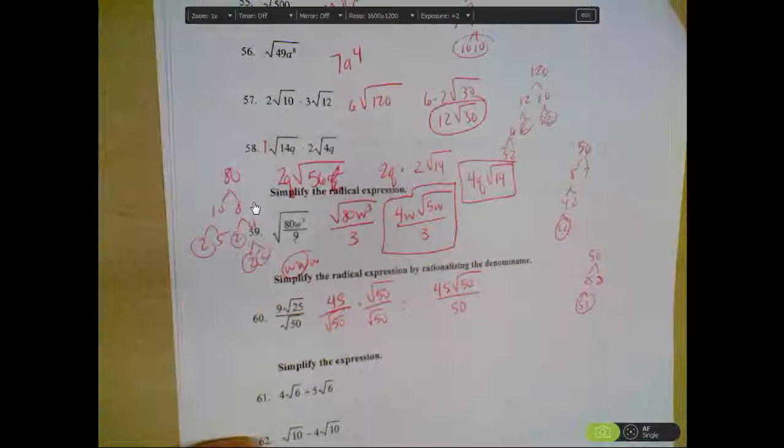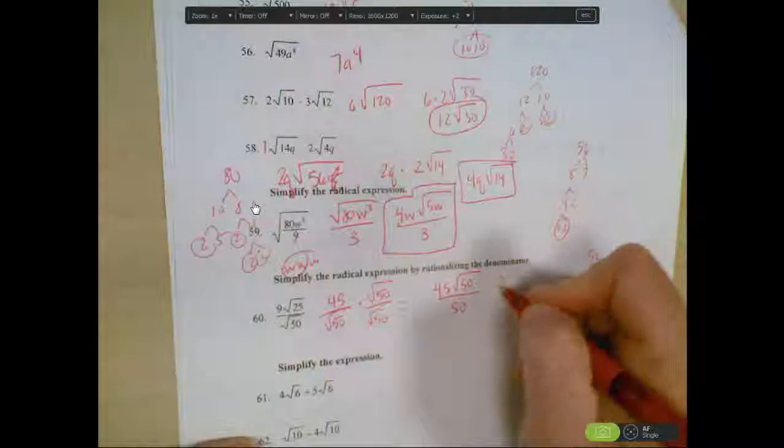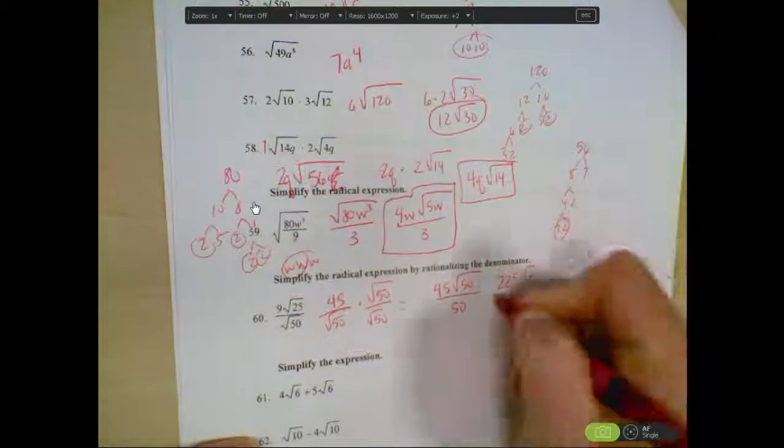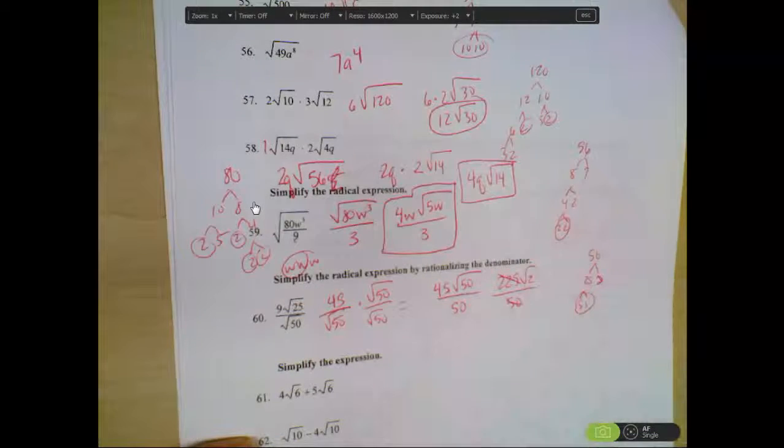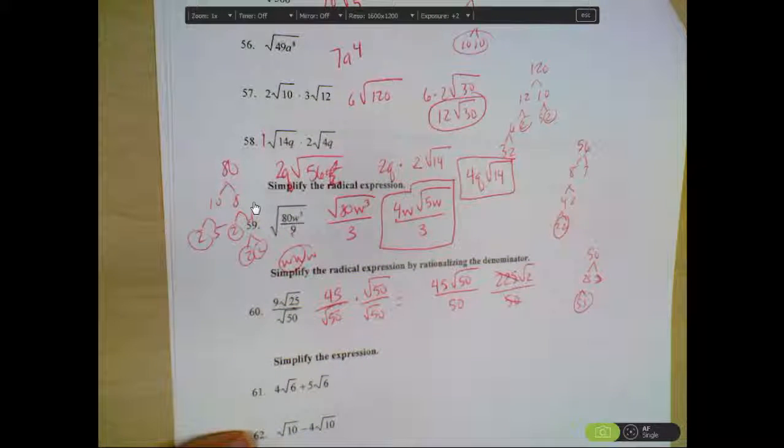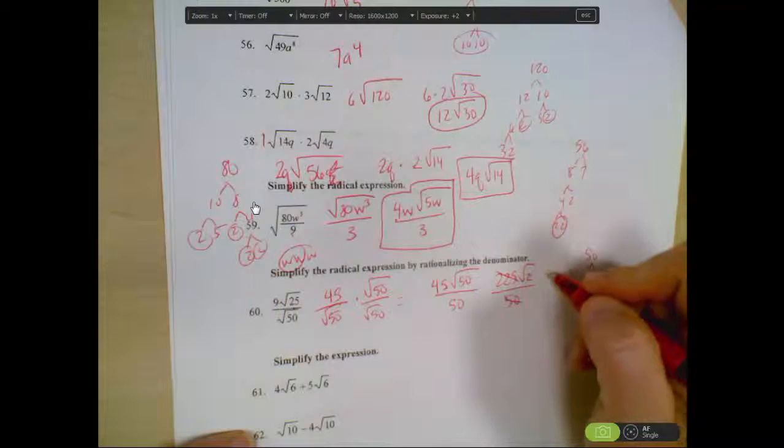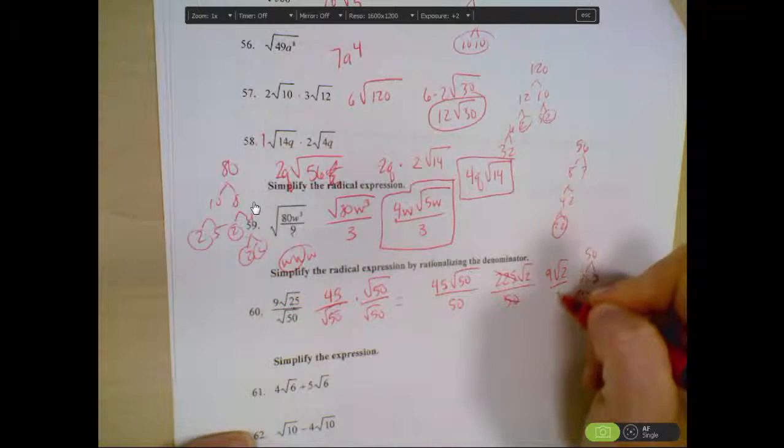Multiply the 5 by the 45. I get 225 root 2 over 50. Those can reduce by 25. Yep. So the answer is 9 root 2 over 2.